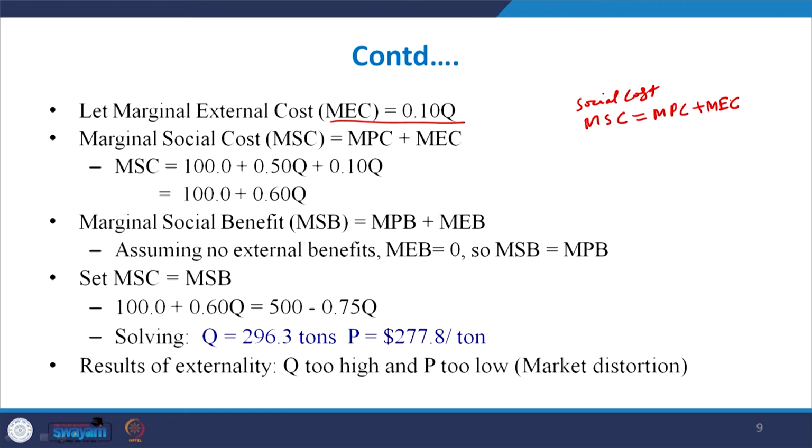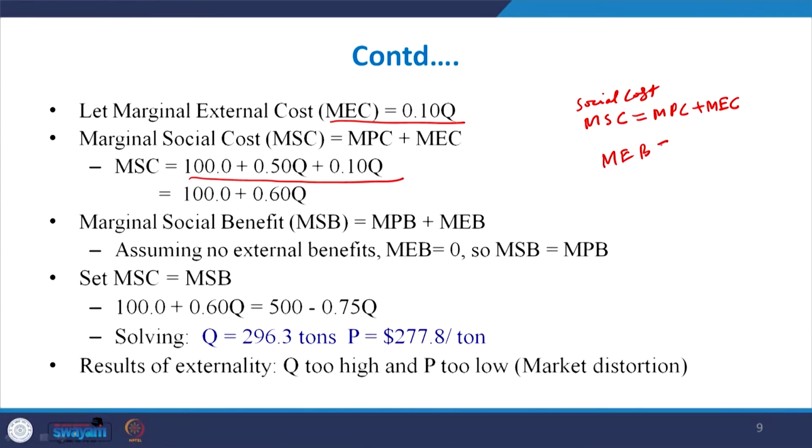So, the marginal social cost function is now 100 plus 0.50 Q plus 0.10 Q, where 0.10 Q is the marginal external cost. So, total becomes 100 plus 0.5 Q plus 0.1 Q, equal to 0.6 Q. So, this is now the new figure, marginal social cost.